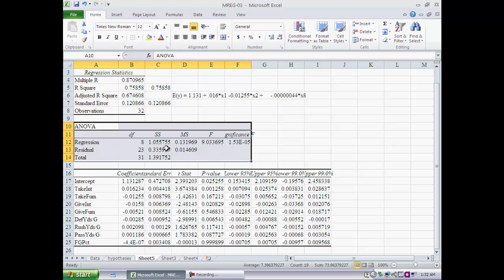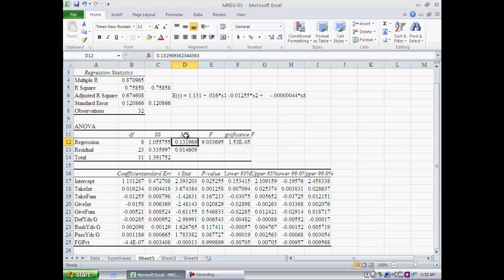All right. So you remember the MS, of course, stands for mean square. MS regression, this 0.131969, is the mean square due to regression. And if you look at the previous column, this 1.39 was SST, the total sum of squares of the dependent variable.